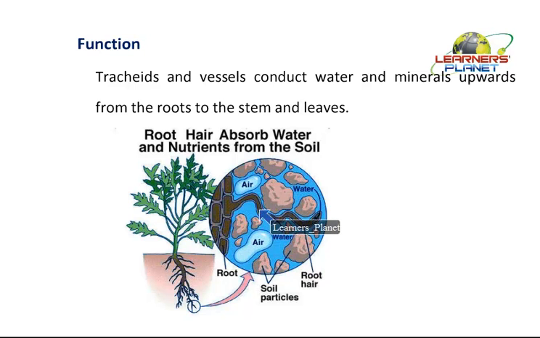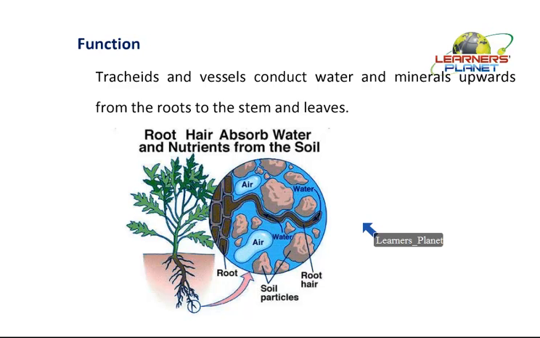After entering these epidermal cells, they reach towards the center part of the root, and over there the material is transported into the tracheids and the vessels. Once they come in the vessel, a force is exerted due to which the material or the water tends to move steadily in the upward direction.